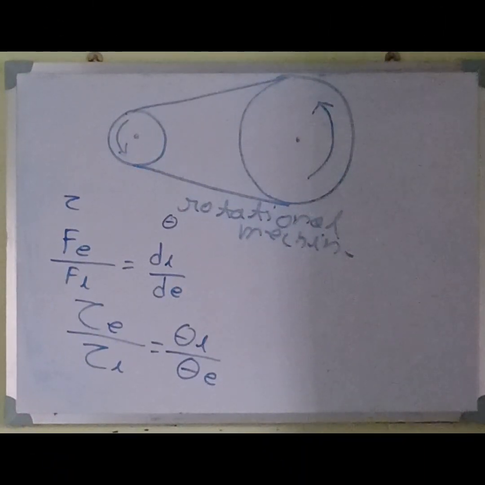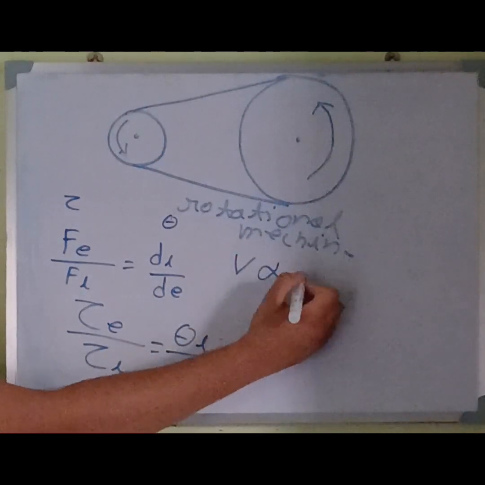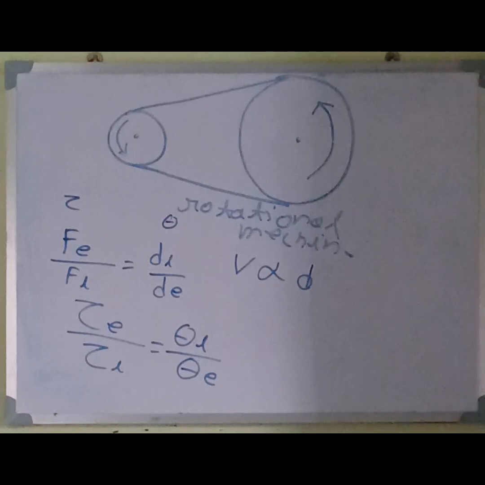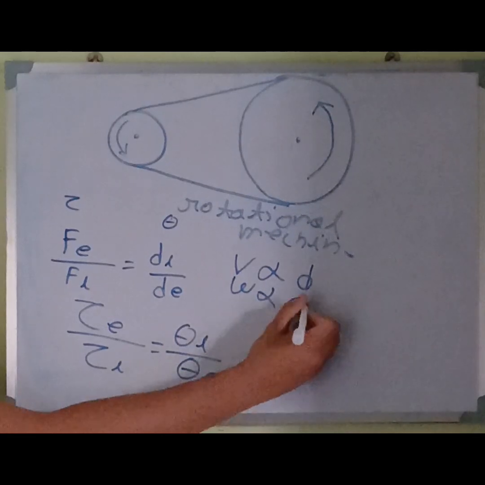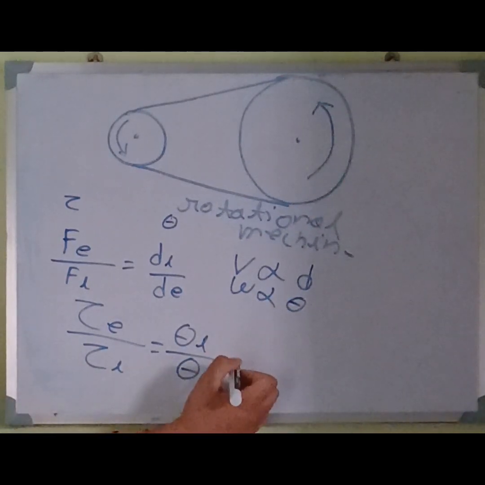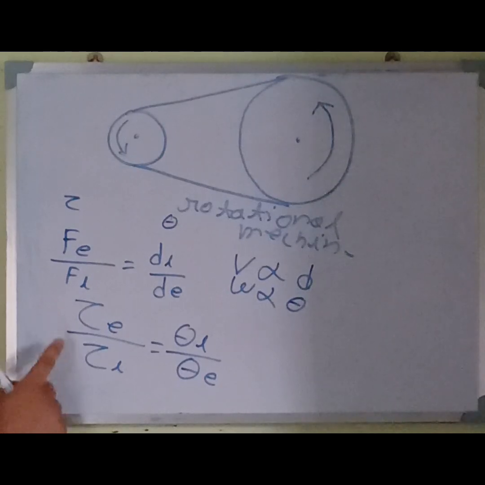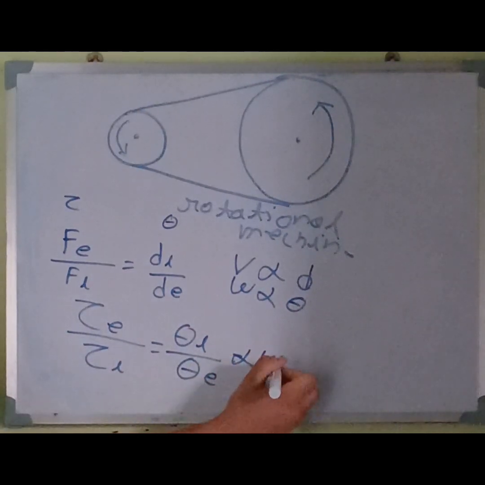Now one thing that is common sense, we know that velocity is directly proportional to displacement, right? So that means angular velocity should also be directly proportional to angular displacement. So in this formula, theta L by theta E should be directly proportional to omega L by omega E.